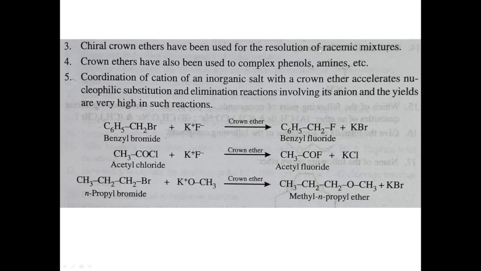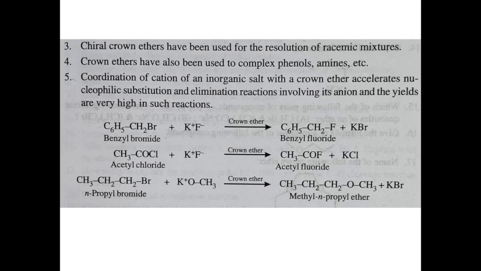Resolution of a racemic mixture means two enantiomeric forms are available and we want to separate these two enantiomers. For the separation of two enantiomers, we can use chiral crown ethers. Crown ethers have also been used to complex phenols, amines, etc. So crown ethers can be used for some particular reactions.